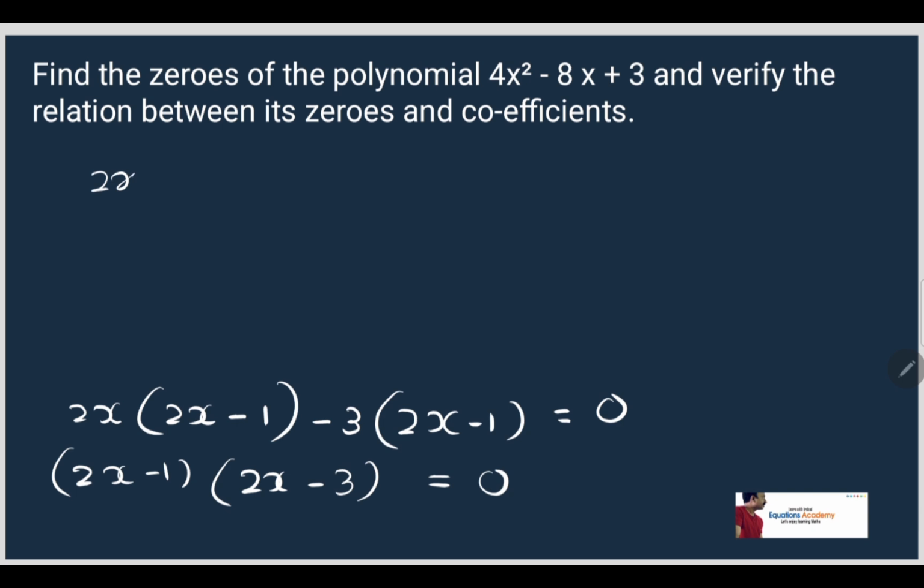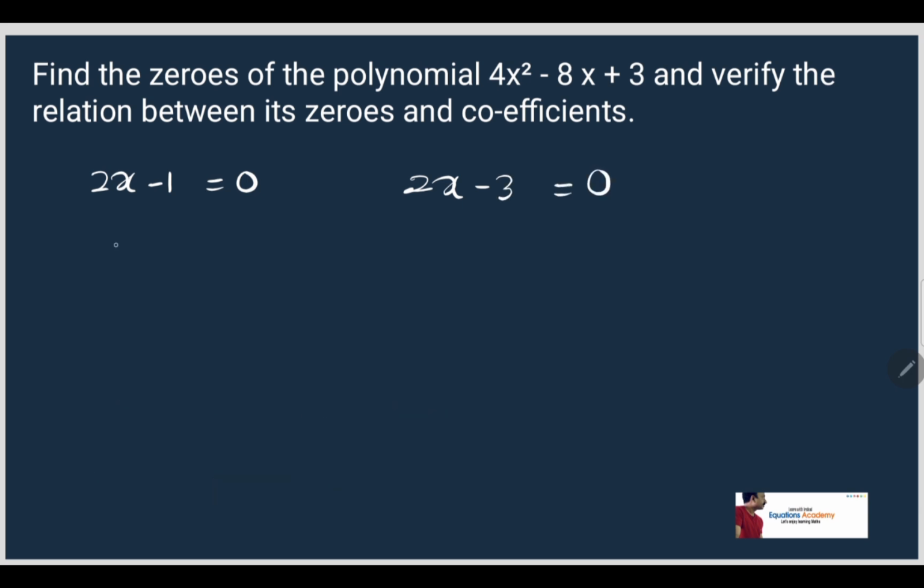That means either 2x minus 1 equal to 0 or 2x minus 3 equal to 0. 2x minus 1 equal to 0 means 2x equal to 1. That means x equal to 1 by 2. And 2x minus 3 equal to 0 means 2x equal to 3. That means x equal to 3 by 2.